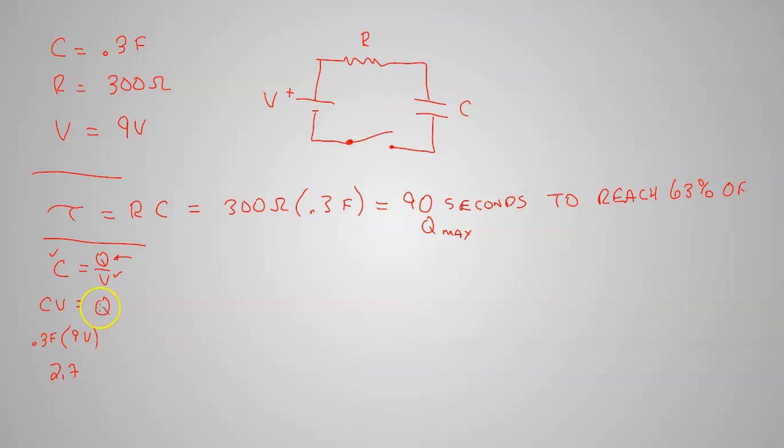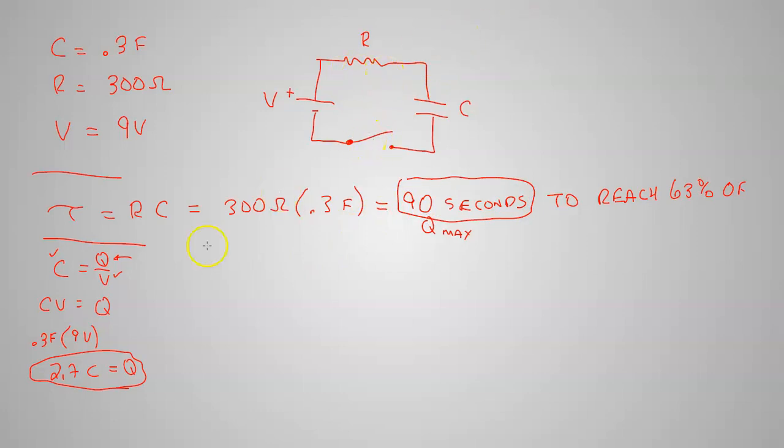And that's coulombs of charge that we just found right there. So I got to get this number, and I got to get this number right here, because those are the two numbers that I need for my formula, like in the rest of the stuff that we're going to do.